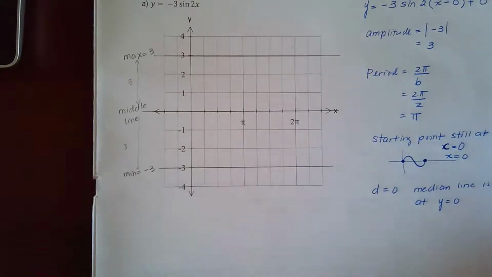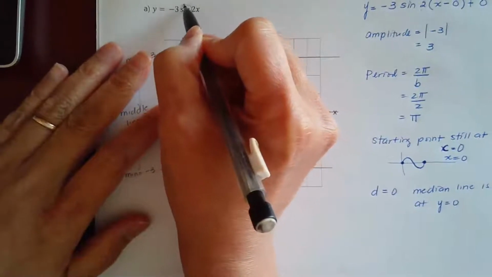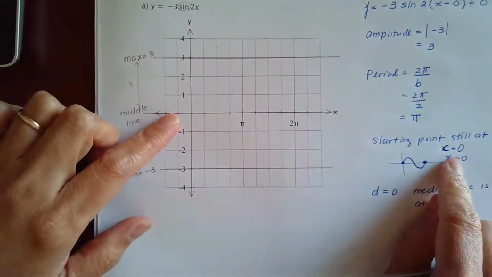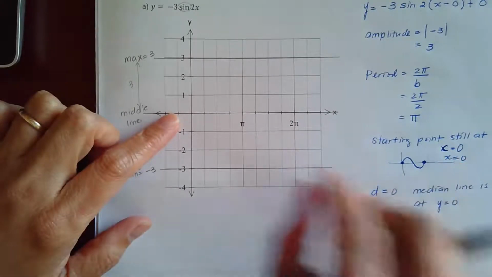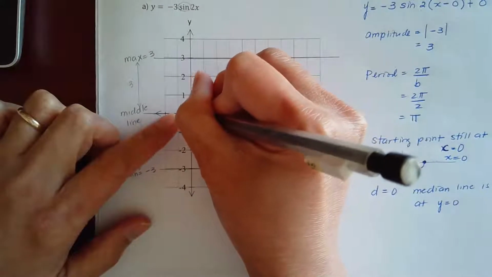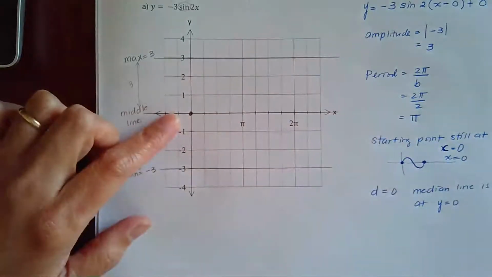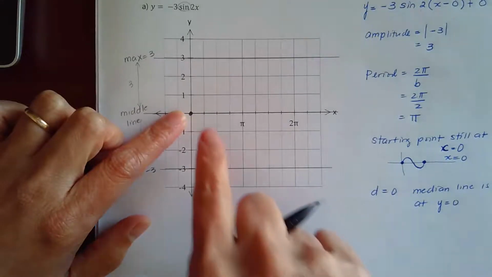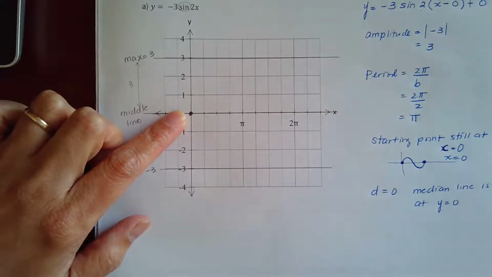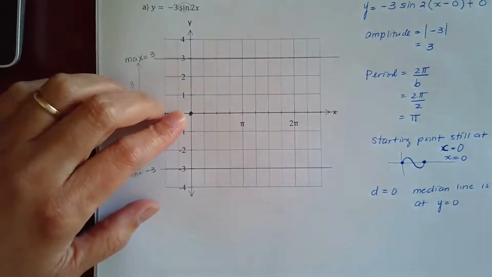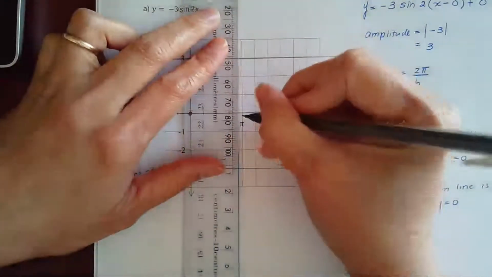Because this is a sine function, normally it starts at 0, 0, but there is no phase shift, so it doesn't shift left or right. It still stays at 0, 0. And then the period: we know the period is pi. The complete cycle stops here.